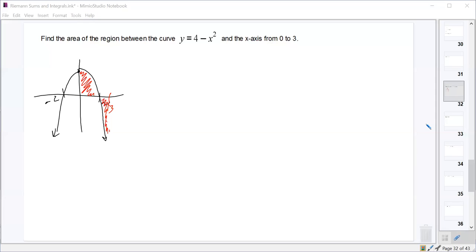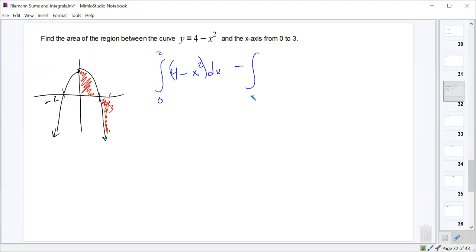I'd rather split into 2 integrals than have to take an absolute value and rewrite it as the square root of the thing squared, because that's a bit of a pain of an integral. So we're going to do 0 to 2 of 4 minus x squared dx. And then we need to add to it the opposite of this.